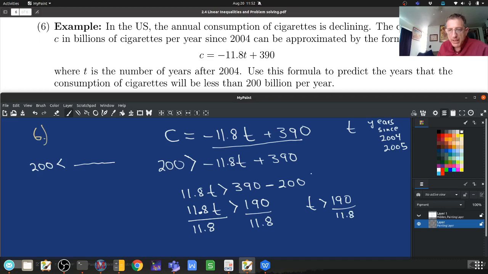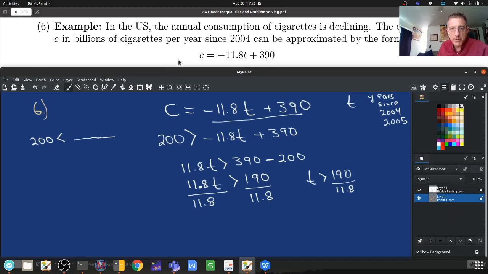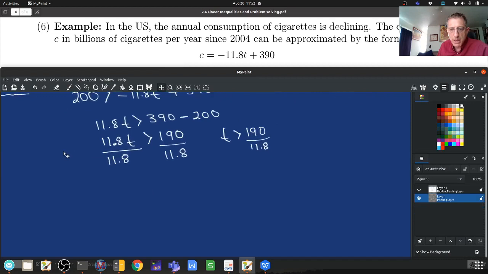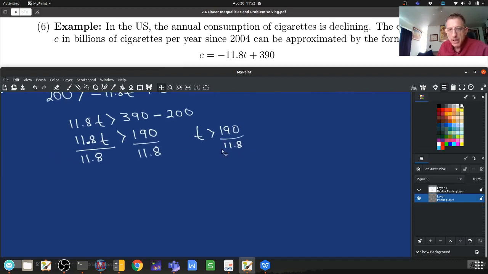Now the cool thing here is we kind of want to know a real number, but if this was a test you would not be allowed to use calculators. The only thing that I would want to see here is this as an actual fraction, so I want the numerator and denominator to be whole numbers. So how do you do that? I move the decimal place over by 1.